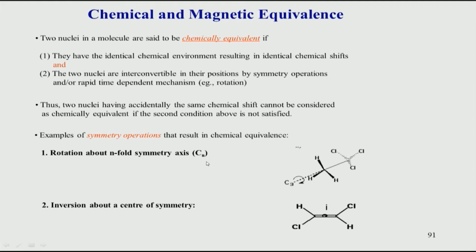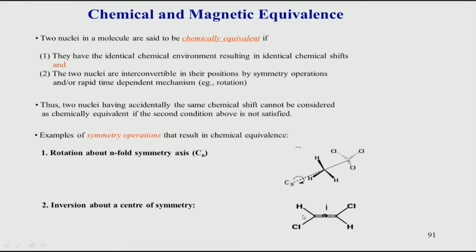We can look at some more examples of chemical equivalence here. This is one example. The second example is inversion around the center of symmetry. For example, look at this molecule here. If I take an inversion, if I invert this to this side, this hydrogen will come here, this hydrogen will go here, and they come back to their positions, in the sense they are interconverted into each other's position, but there is no difference in the structure of the molecule because of this conversion, and the molecule looks the same.